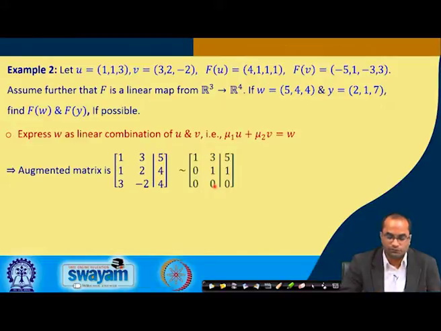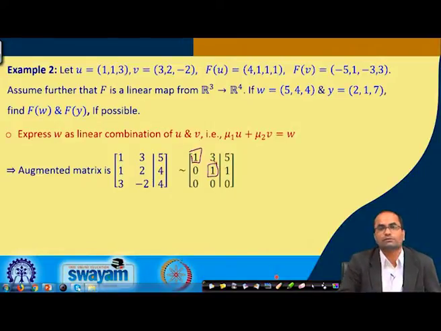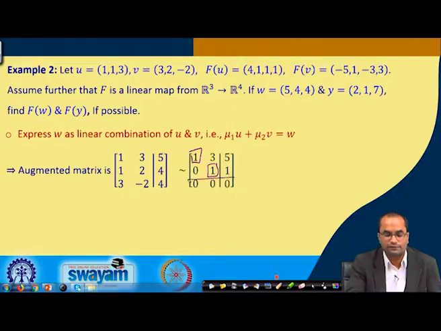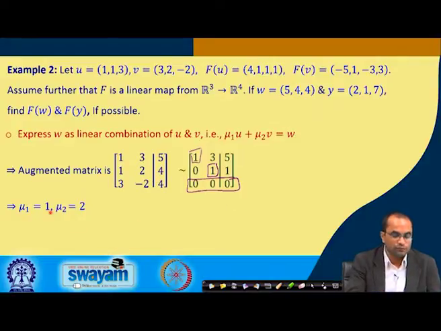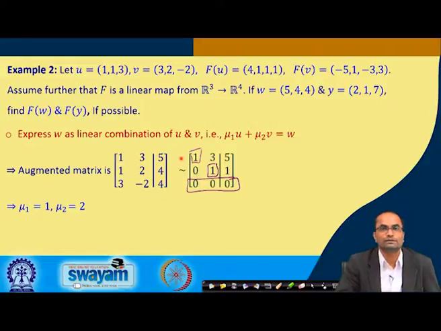From this reduced form we observe that this is a pivot here, this is also a pivot. So, the first column has a pivot, the second column has a pivot, and everything is consistent here, the full row is 0. So, we can find out mu 1 and mu 2. Here mu 1 is coming to be 1 and mu 2 is coming to be 2 out of these two equations now. So, we have solved this.